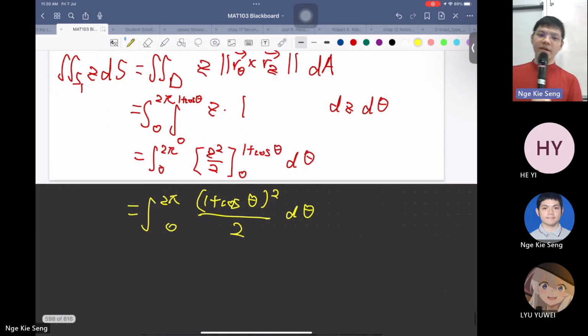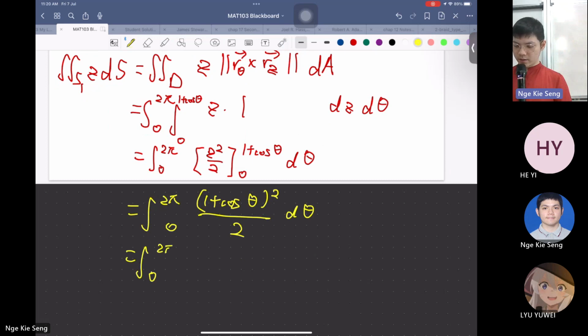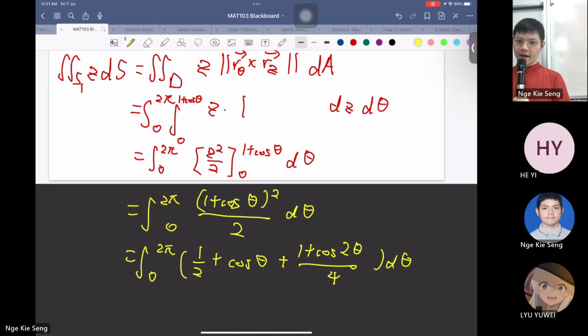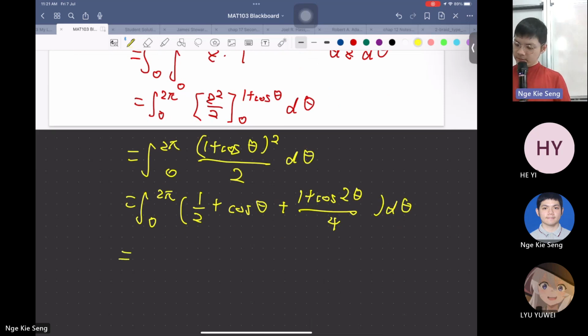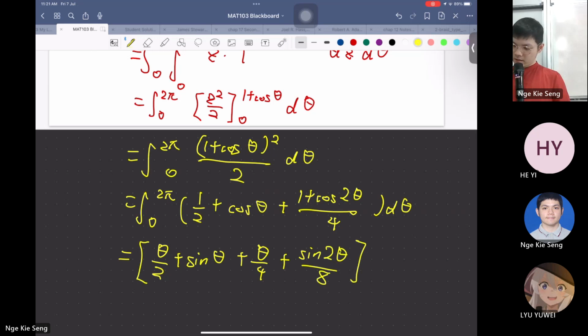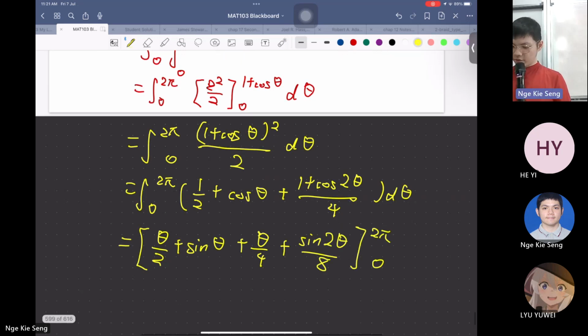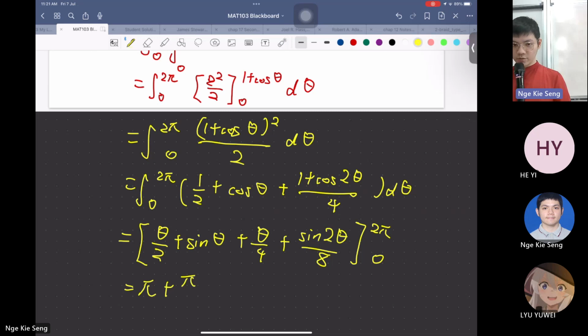Then you expand it, and using the double angle formula, you get half plus cos theta plus 1 plus cos 2 theta over 4, d theta. Then you can just integrate in the normal sense. All together you get pi plus pi over 2, equals 3 pi.